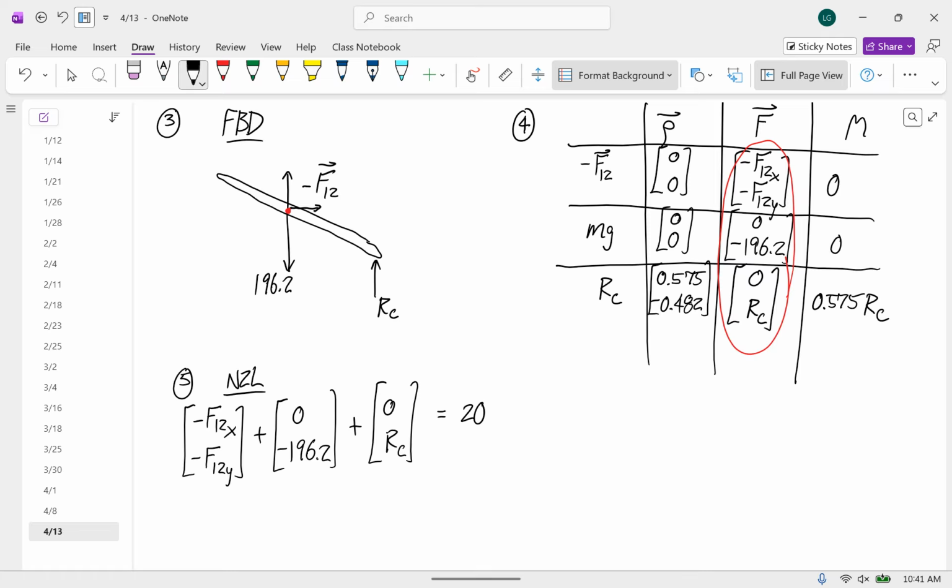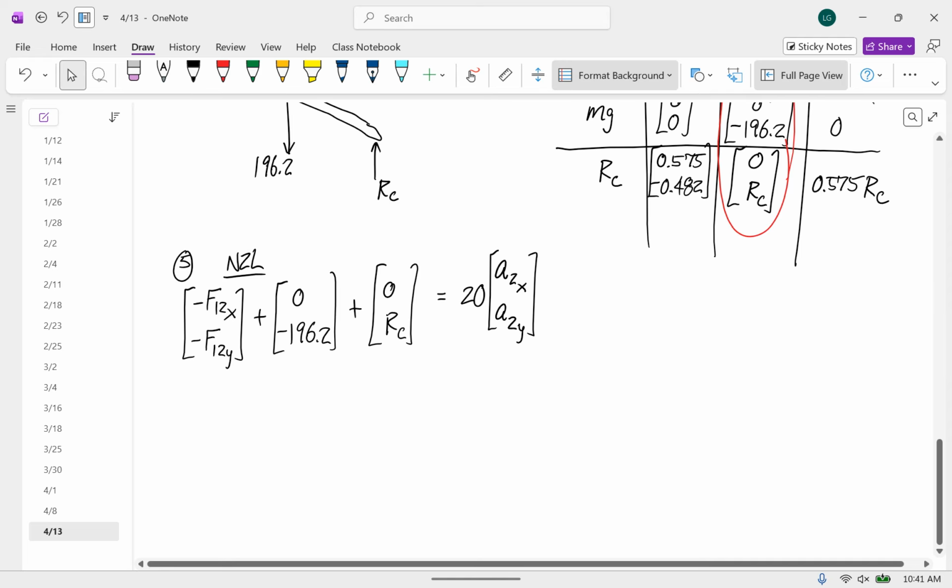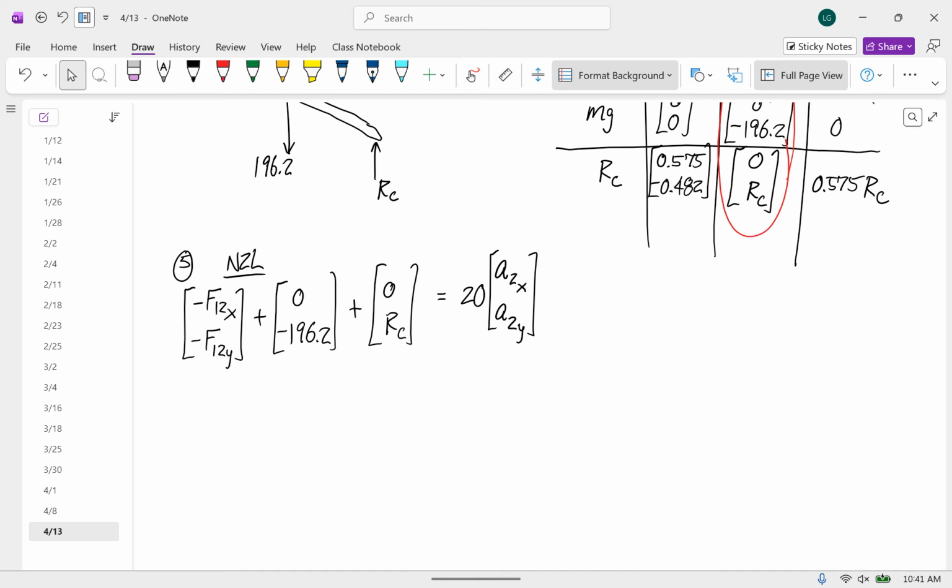And whenever we have these accelerations of the center of mass, those become variables. So I'm going to call this A2x and A2y. I'll rewrite these as equations for the big system in a second.